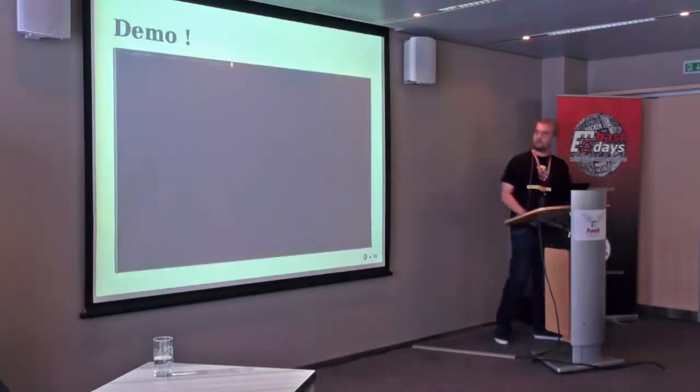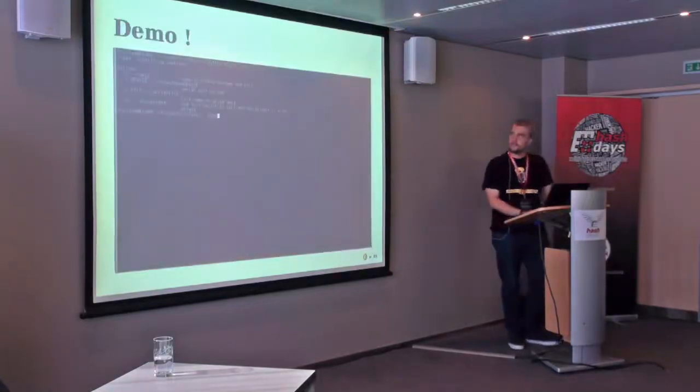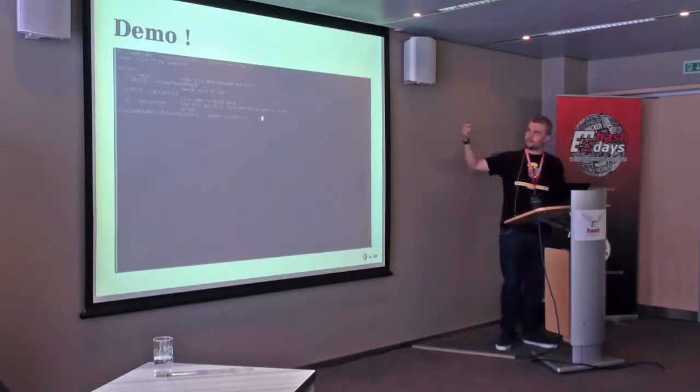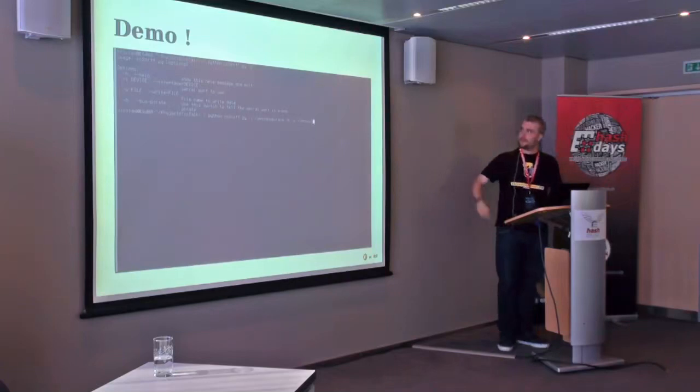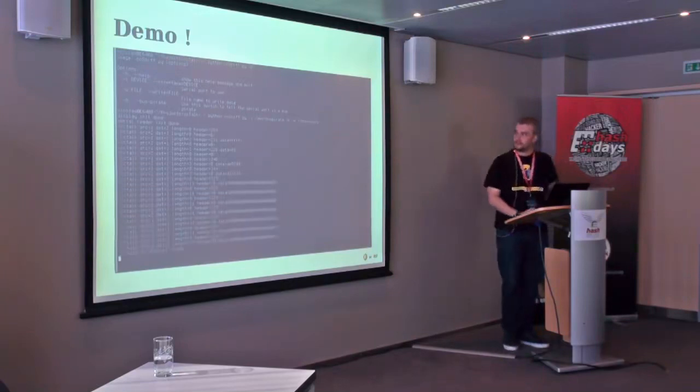So for a quick demo, CC_sniff takes the serial device as an argument, and we select an output file in temp, and we see there the data that is traveling on the bus.